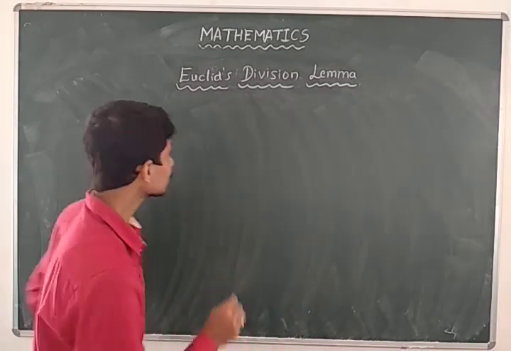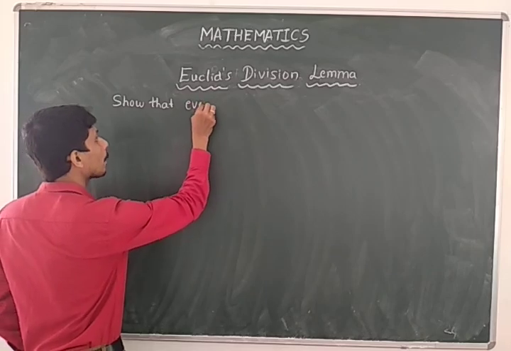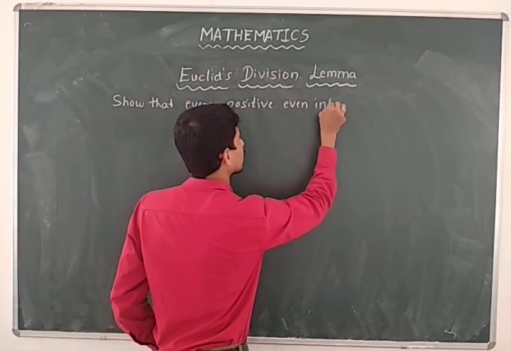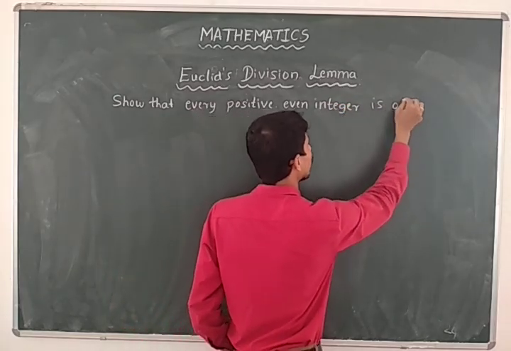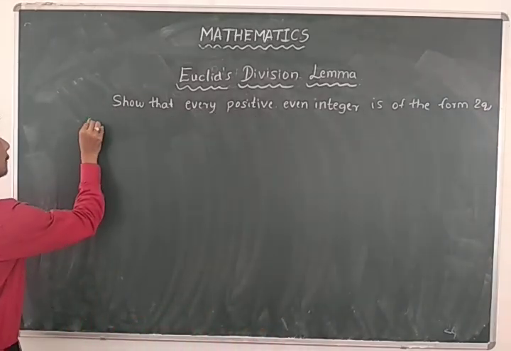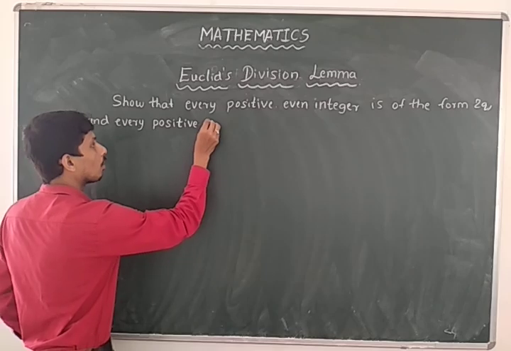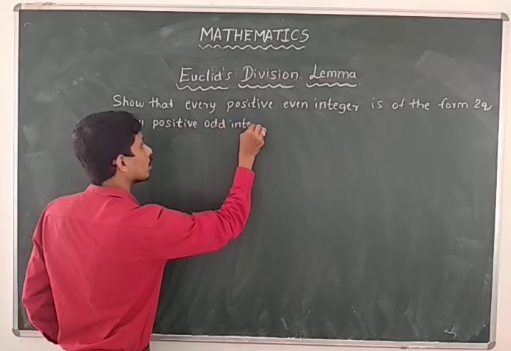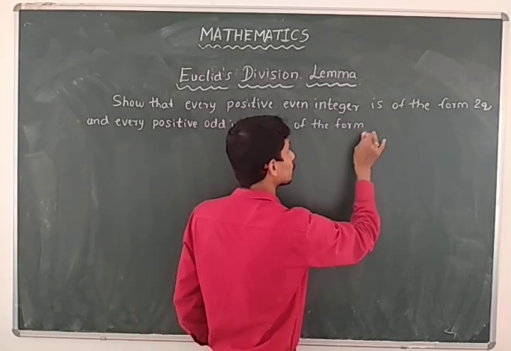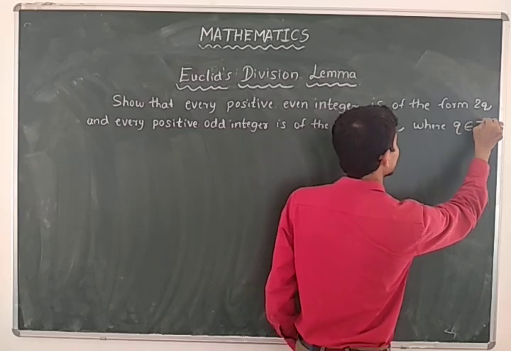The question is simple, that is, show that every positive even integer is of the form 2q and every positive odd integer is of the form 2q plus 1, where q is any integer.